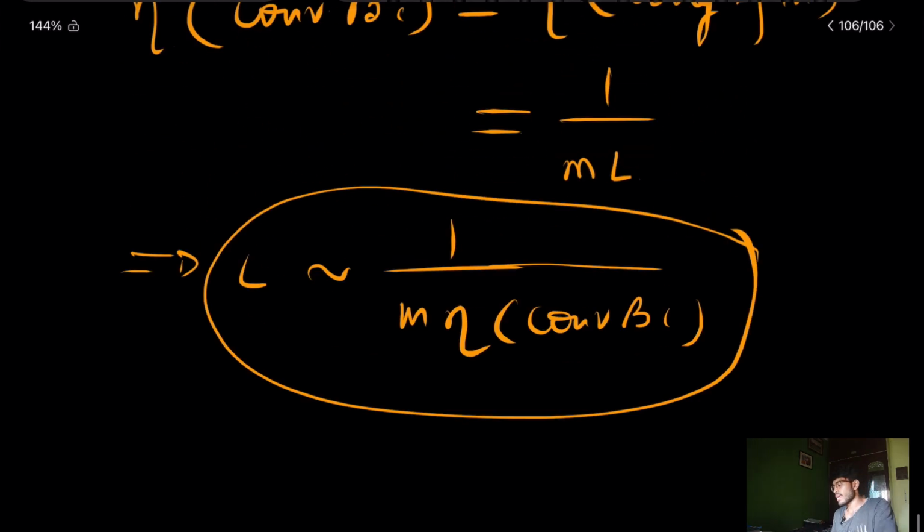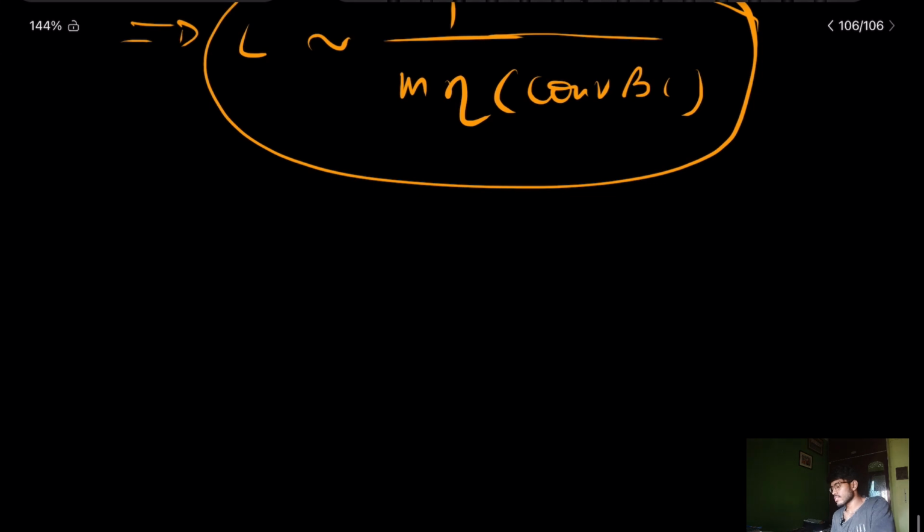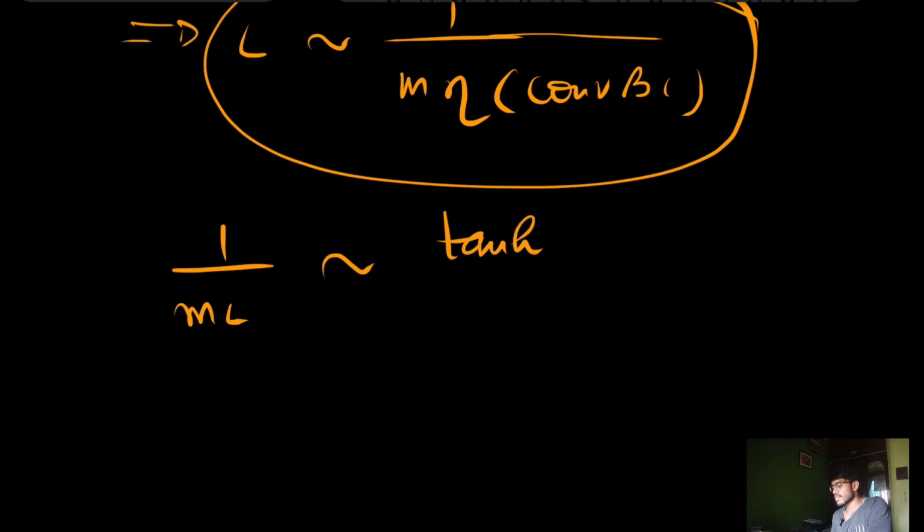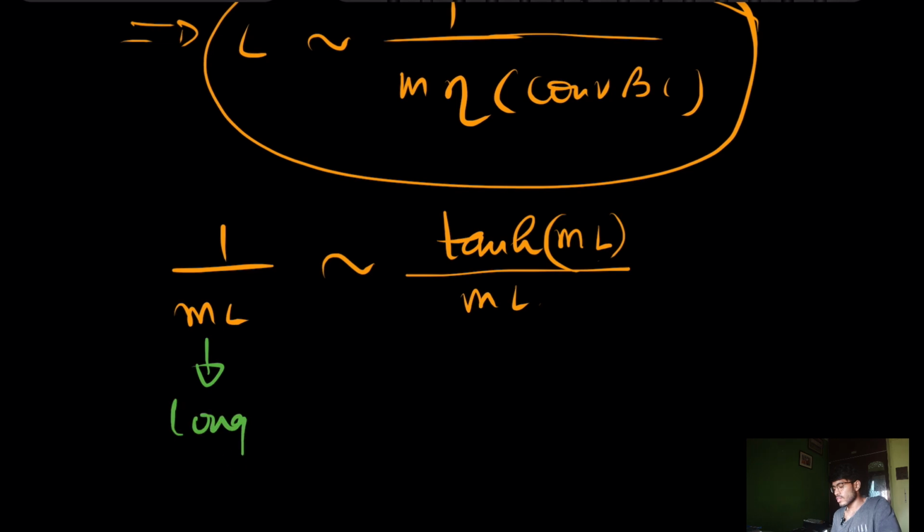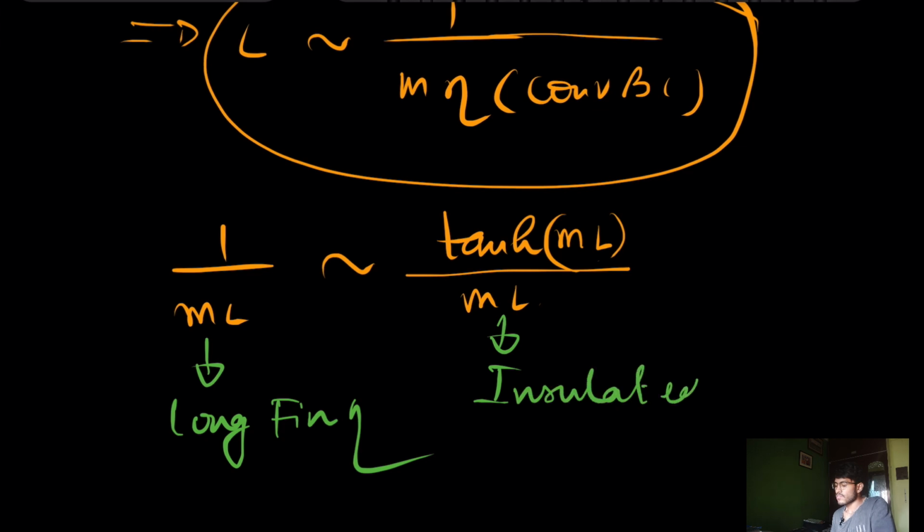Okay, and you can also consider this 1 by ml of the order of tanh ml by ml. So you are saying that I am equating the long fin efficiency with the insulated fin efficiency.